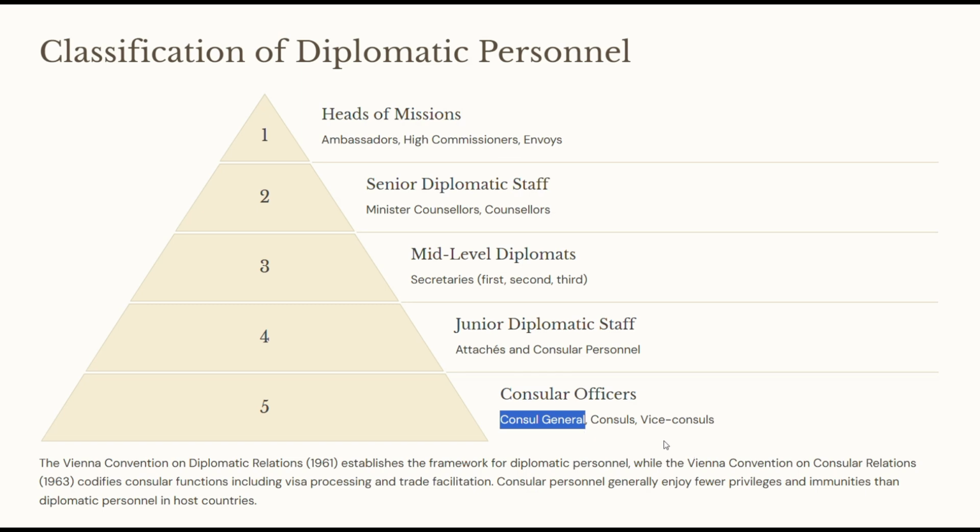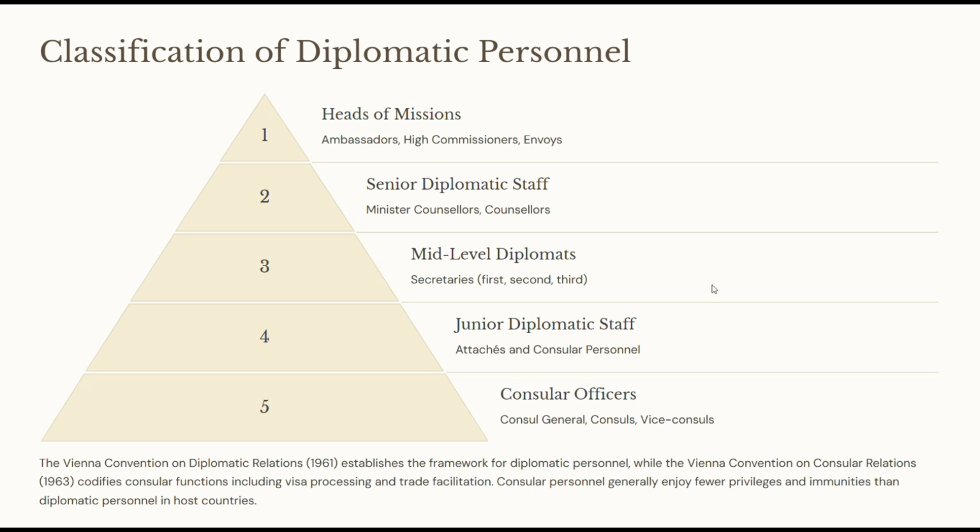So this classification is apt only till number 4. Number 5 can be seen as a separate classification where the consul general is the head of the consular mission. There are various types of diplomatic missions.